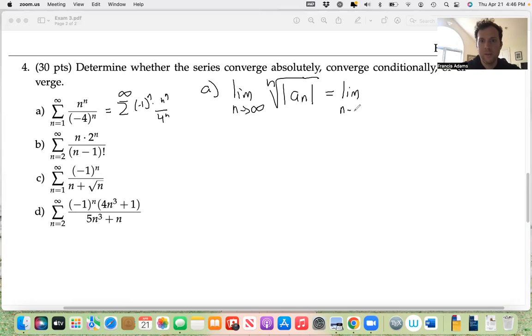So in this limit, we're taking the nth root of n to the n and 4 to the n. And because we have those nth powers, the nth root is exactly the thing to cancel those out. So we get just n over 4, and as n goes to infinity, the 4 doesn't stop it, so we get infinity.